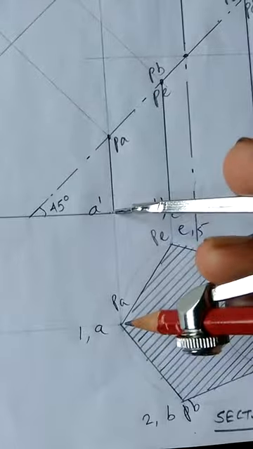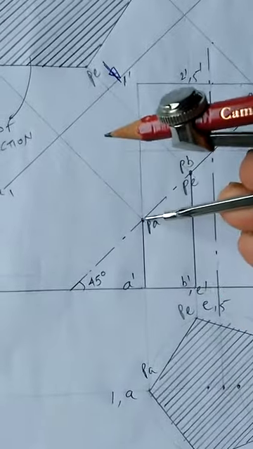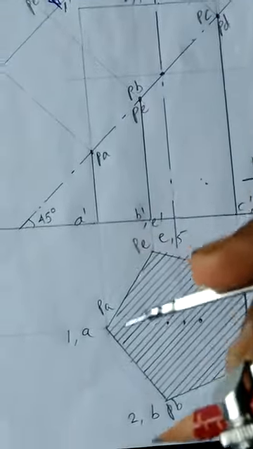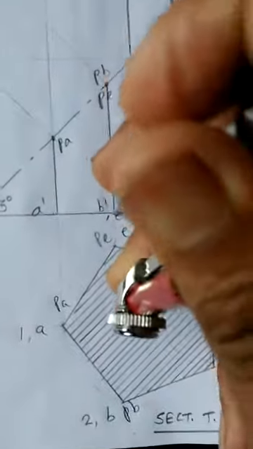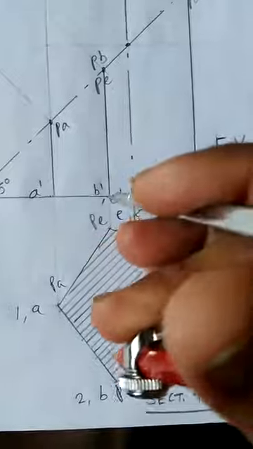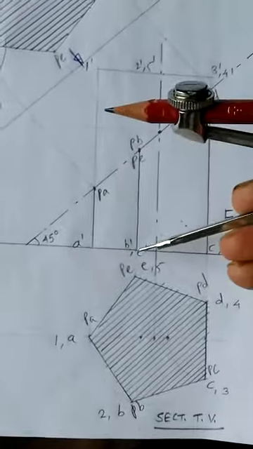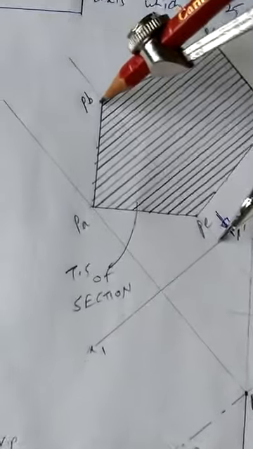Now on these corresponding projectors you have to transfer the respective distances. Now PA I will pick from here, follow the projector blindly, come over here beyond this X1 Y1, and transfer that PA. Similarly, PB, you have to pick this distance PB below the XY line, pick PB in this way, follow the same projector, come over here, and transfer that point PB.